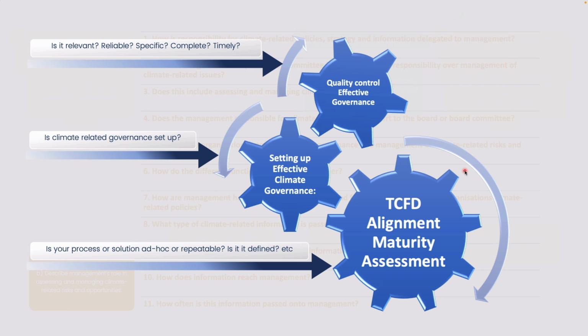So when you answer question 10 and 11 from the previous slide, which asked you how information reaches management and the frequency of passing this information, you'll maybe talk about a process or capability that the question requires. So, for example, you might talk about a climate engine, and you make it sound good.